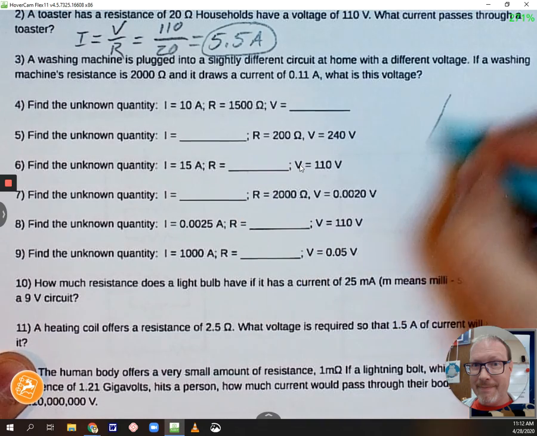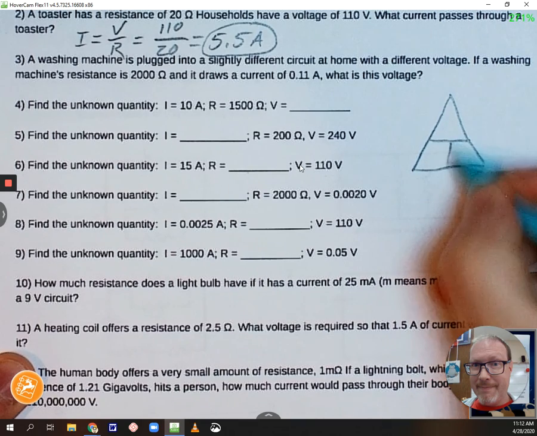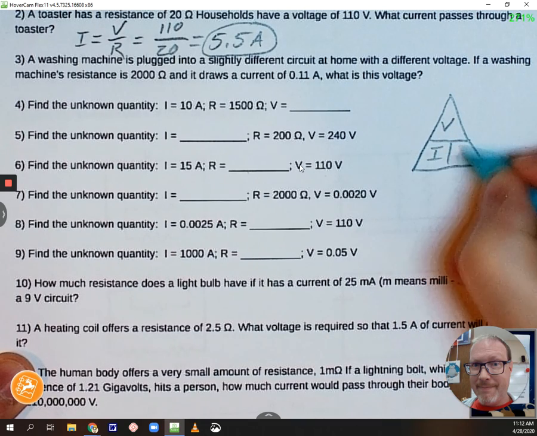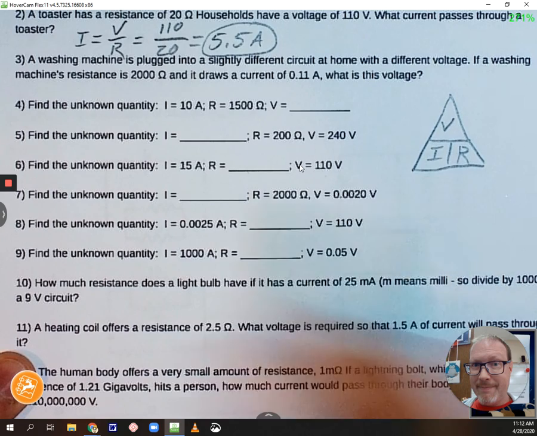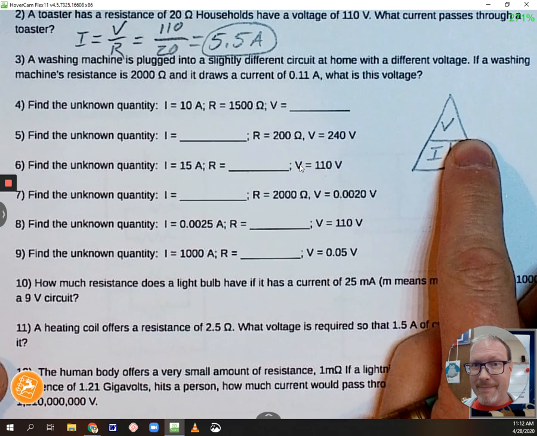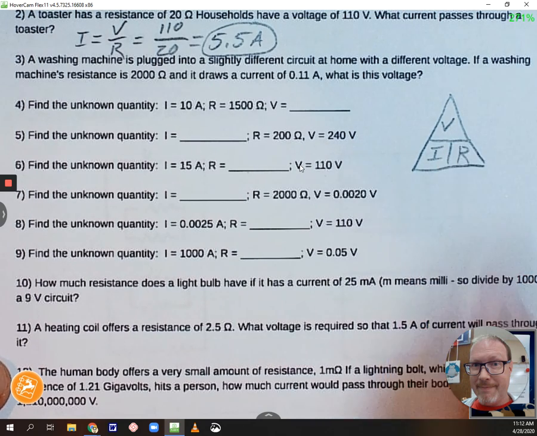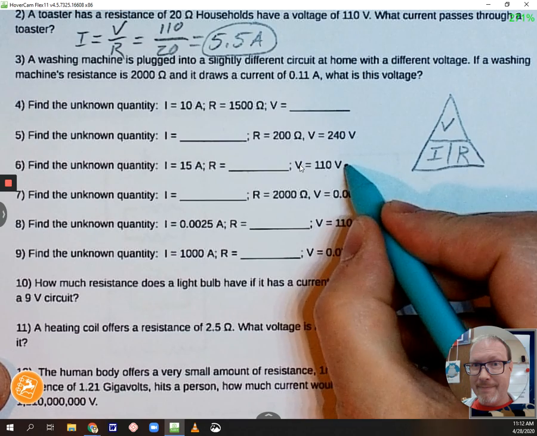So again, using our magic triangle, V over I and R, we're looking for R. We're going to do V divided by I, so voltage divided by current. So in this case, it's going to be 110 divided by 15.